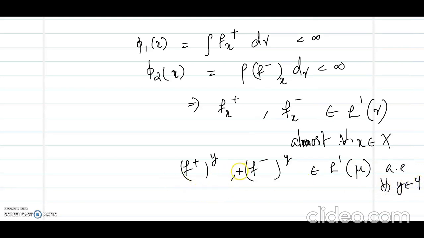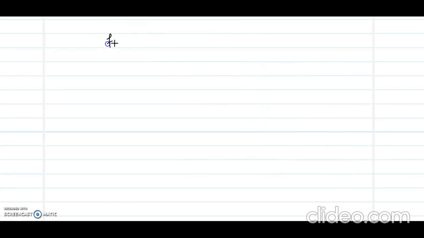Therefore, when you take the difference of these functions, f x is equal to f plus x minus f minus x.